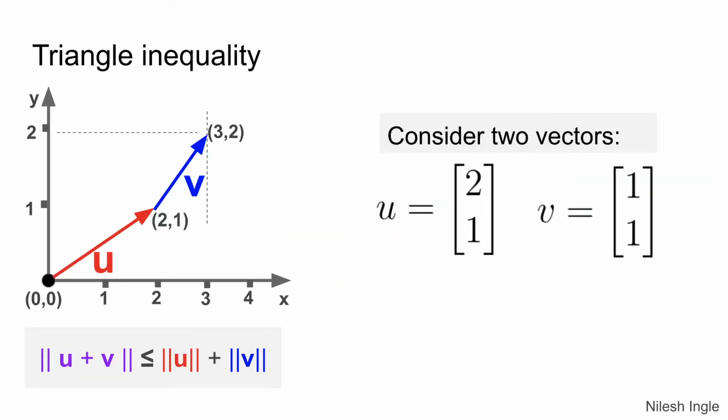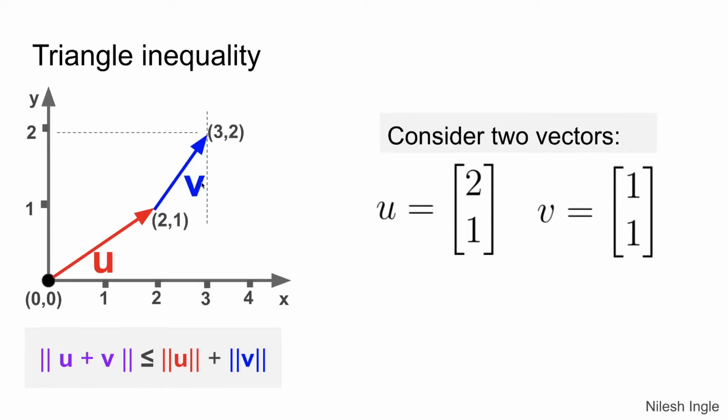And now let's look at the triangle inequality. It's as simple as: the sum of two sides of a triangle needs to be greater than the third side of that triangle. So here, let's consider two vectors, u, which is 2, 1, and the vector v, which is 1, 1.